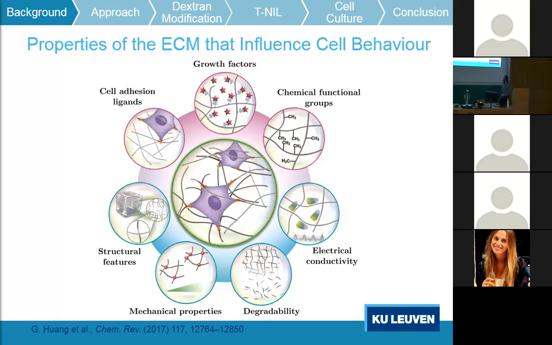But also different structural features such as the porosity or density of a material and mechanical properties such as the stiffness or softness of the material can all impart an influence on cell behavior. But the problem is, even though we are aware that many of these different properties, even some that aren't included on this figure, have a profound impact on cell behavior, the precise mechanism through which they have this influence is not entirely clear to us.